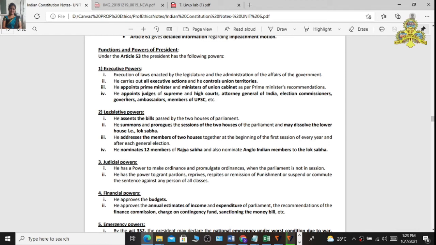He also has a power to appoint judges of the Supreme Court as well as High Courts, the Attorney General of India, election commissioners, governors, ambassadors, members of KPSC, etc. These are the executive powers given to the president.